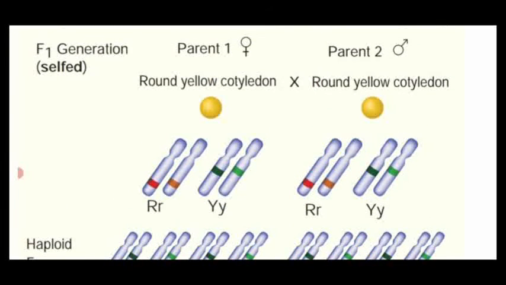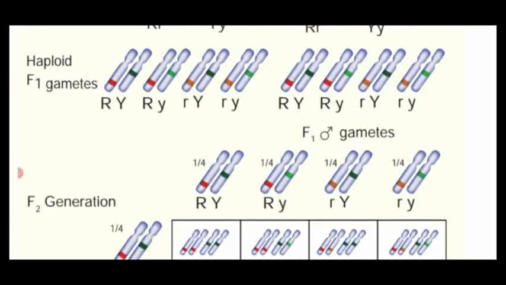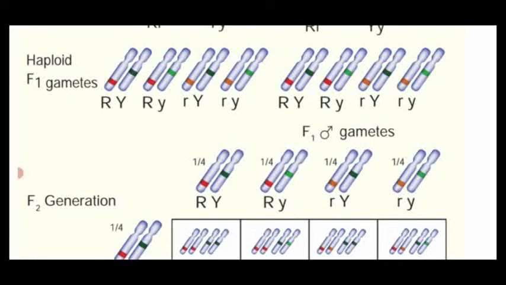Likewise, the round yellow cotyledon of a male parent produces the 4 gametes. So all are similar, but they are individually expressed in the F1 generation, which are haploid. So out of this, we are getting the 4 gametes individually from each parent.